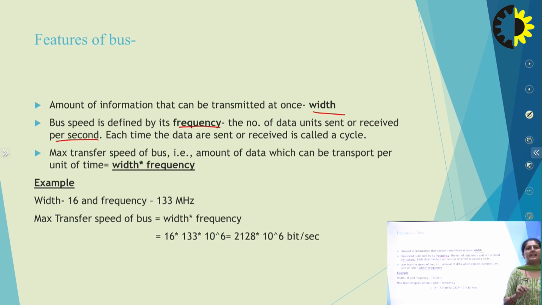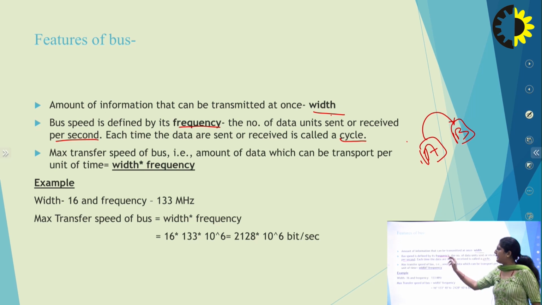Each time the data is sent or received is called a cycle. If A and B are communicating, the amount of data A gives to B at once is known as width, whereas the amount of data received by B or sent by A per second is known as frequency.